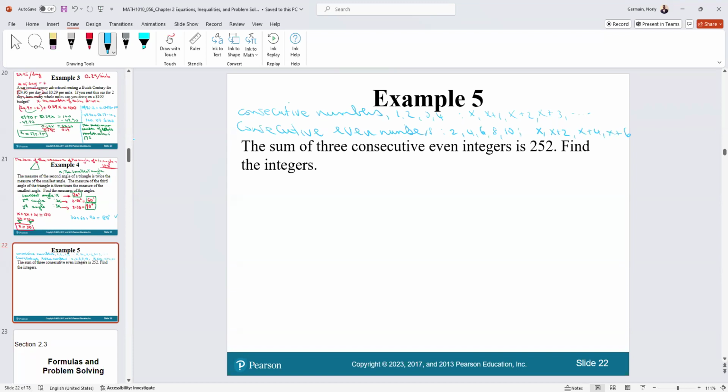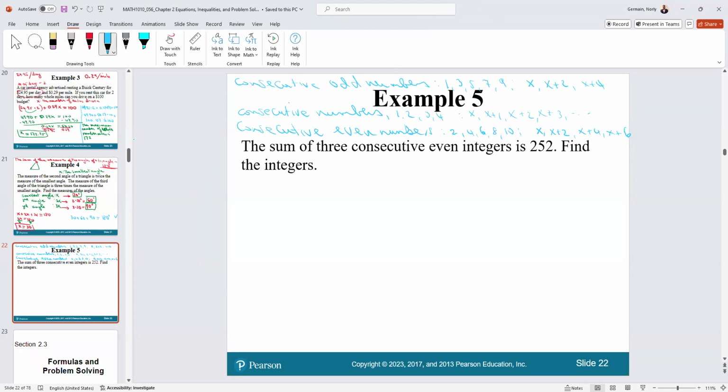So you keep adding 2, and for consecutive odd numbers, it's the same. What's the first odd number? 1, 3, 5, 7, 9, etc. If the first one is x, you add 2 each time, right? So it's the same as consecutive even numbers.